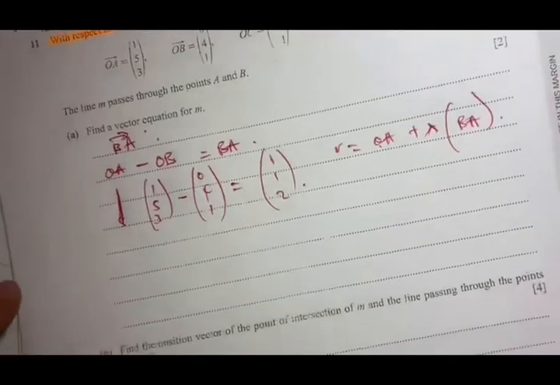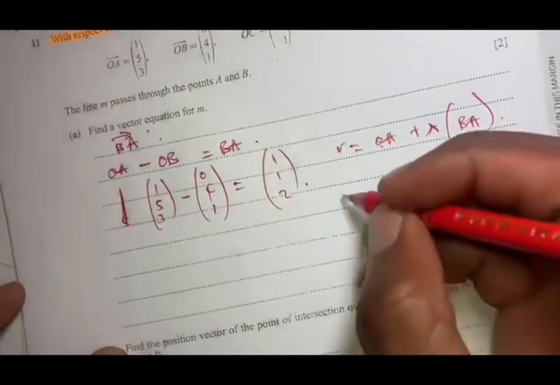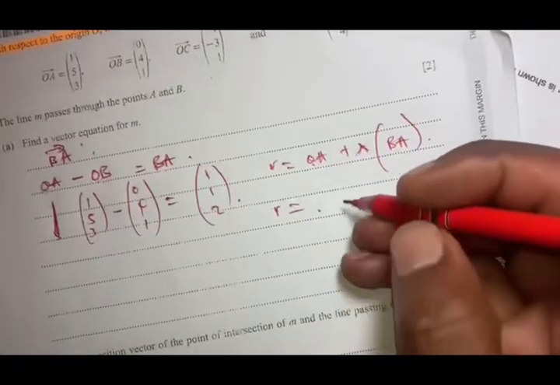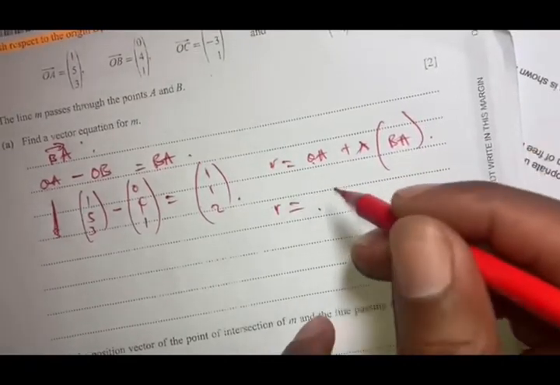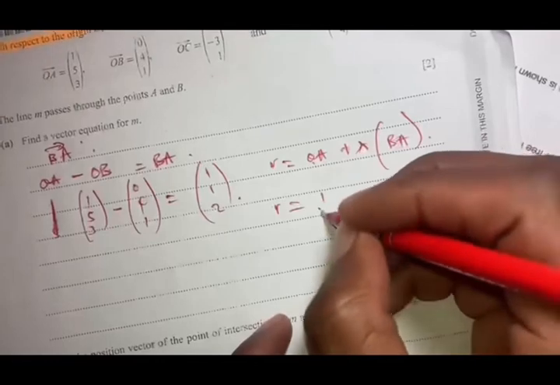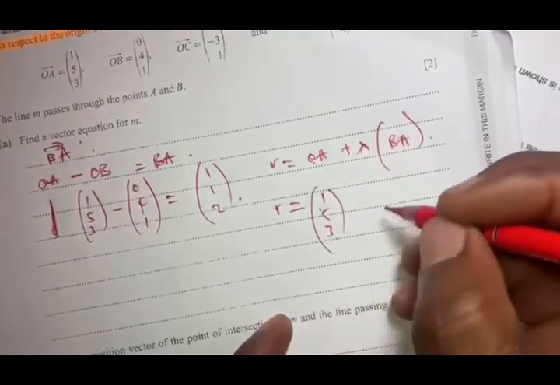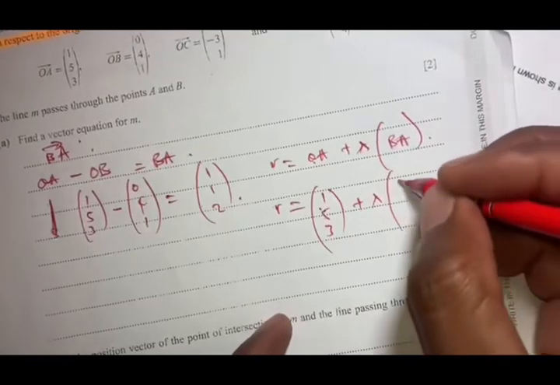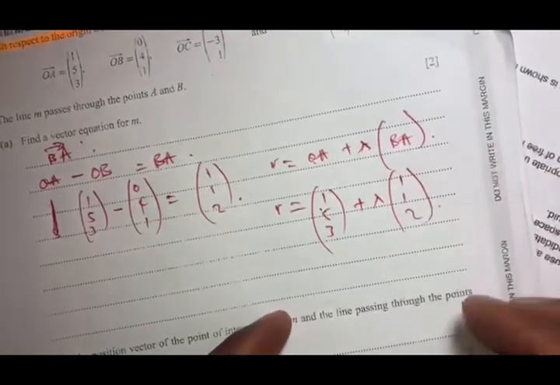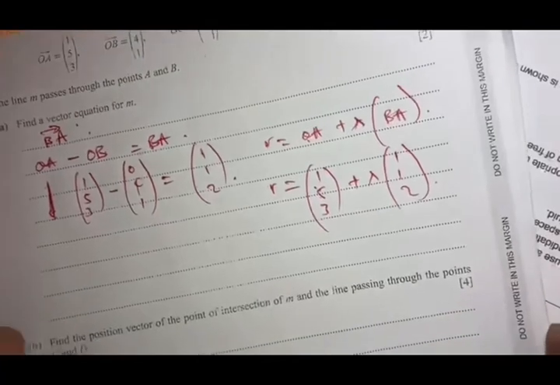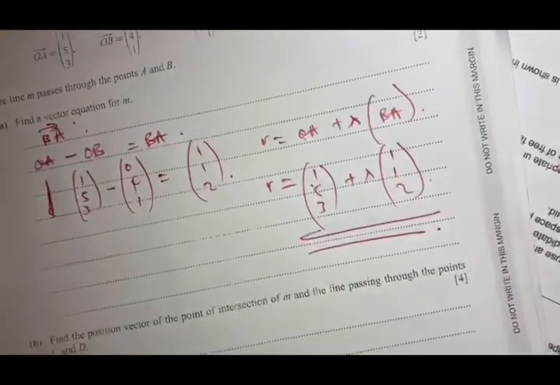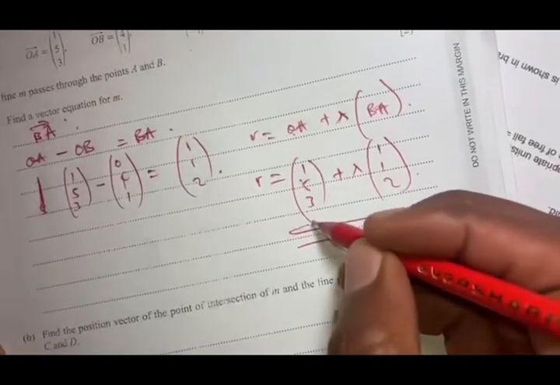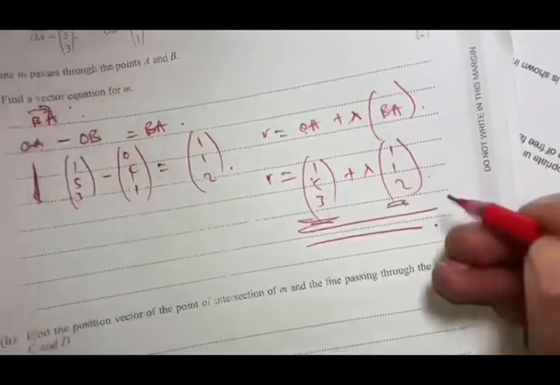So this will give us r equals the vector OA, which is 1, 5, 3, plus lambda times the direction vector that we have, 1, 1, 2. That's the equation of the line with this position vector and this direction vector.